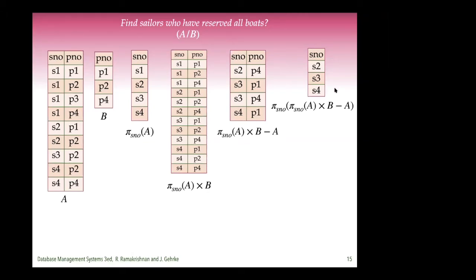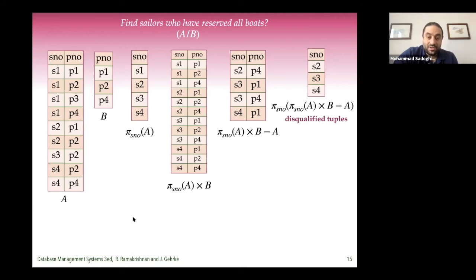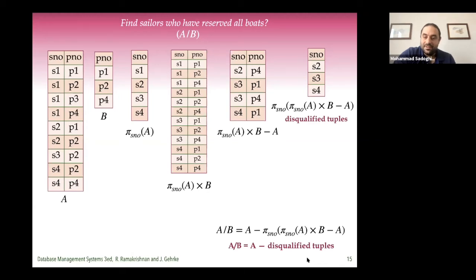Subtract this third table, the sailors, from A. So this essentially becomes our disqualified sailors. And as you said, A minus our disqualified tuples would give us the final set.